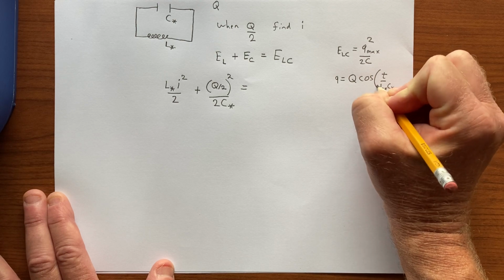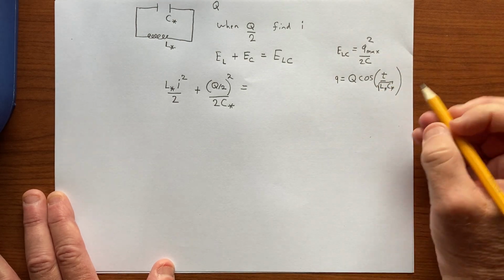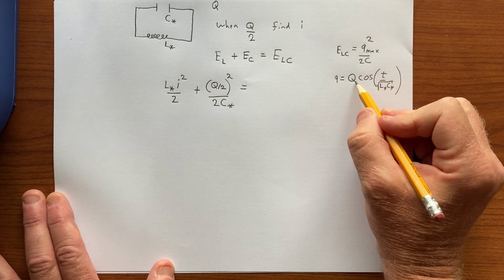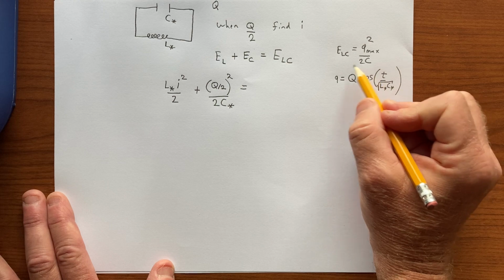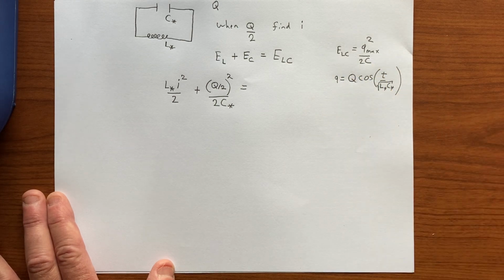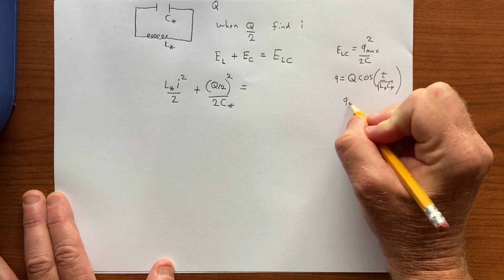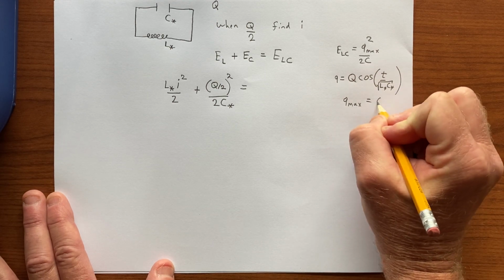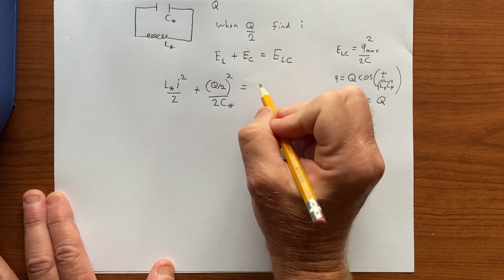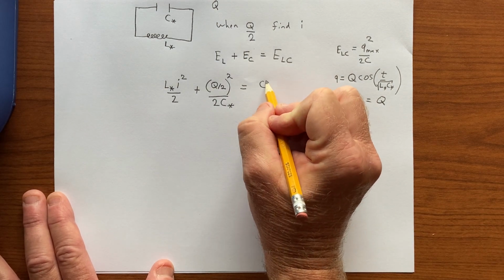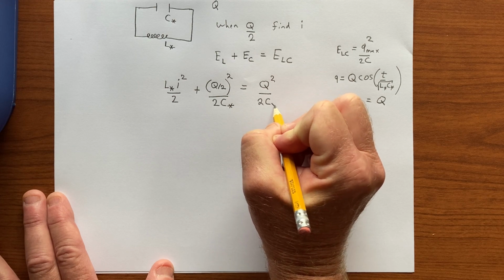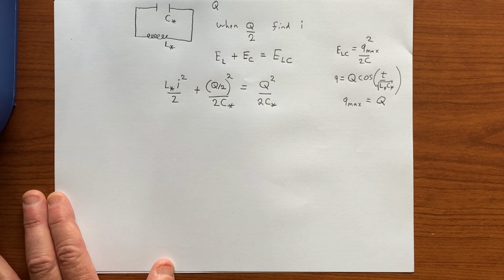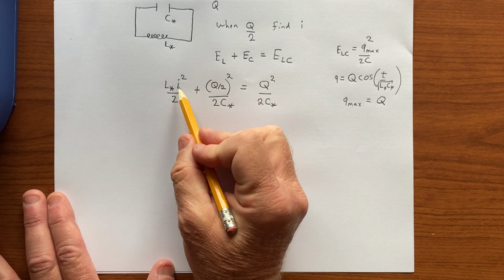In this case, because at t equals 0, Q reduces to capital Q. And so it obeys this equation. And so Q, capital Q, is Q max. And so we can write ELC as Q squared over 2C star. And now solve for I.